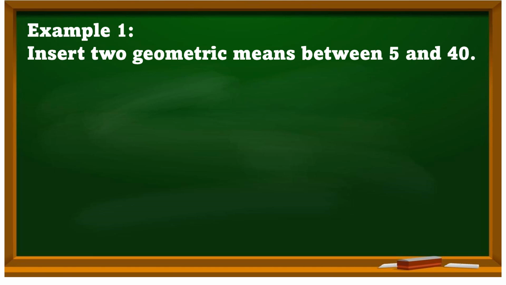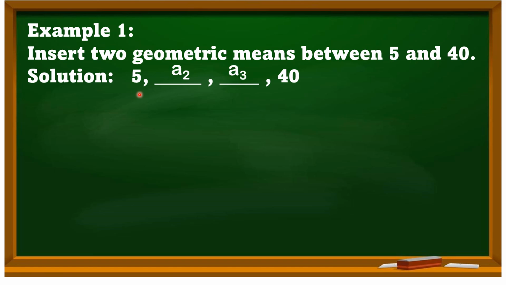First, we're going to illustrate the given problem in example number 1, wherein we have 5, a sub 2, a sub 3, and the last term is 40. The geometric means that will be inserted between 5 and 40 will be the second term and the third term.